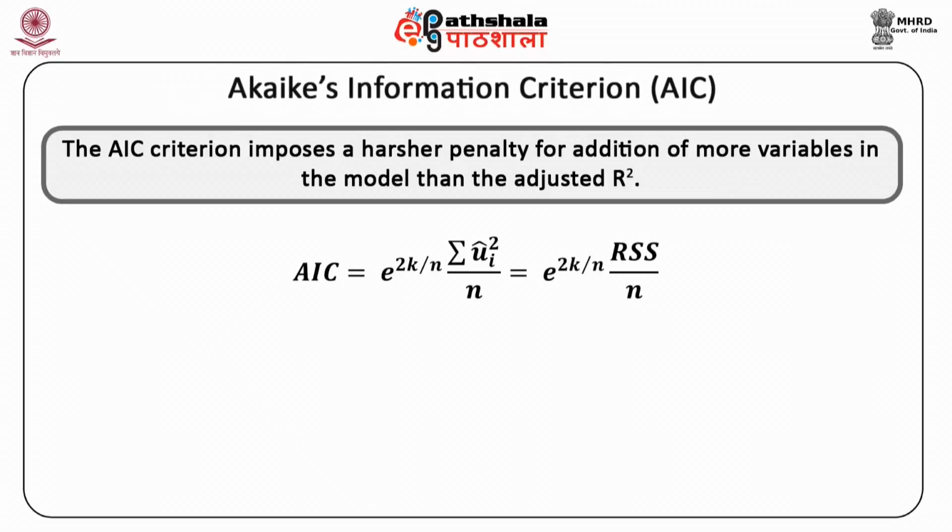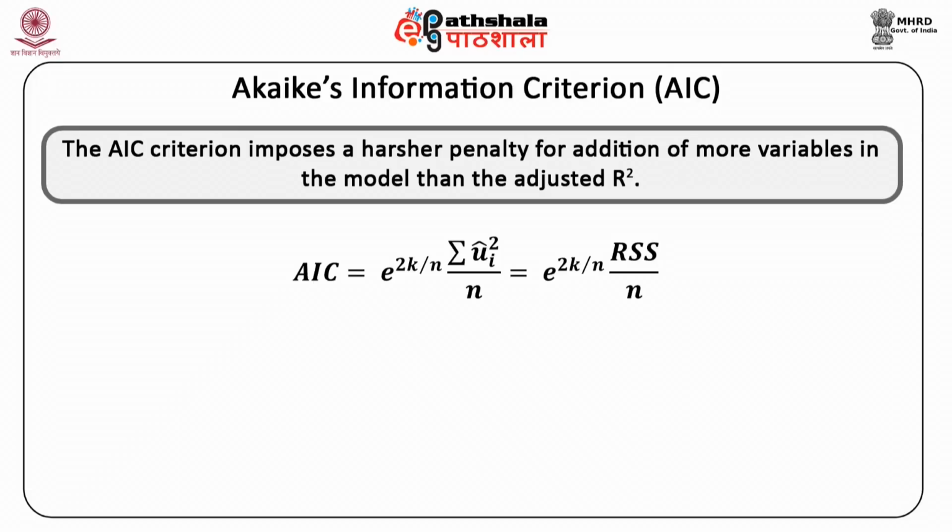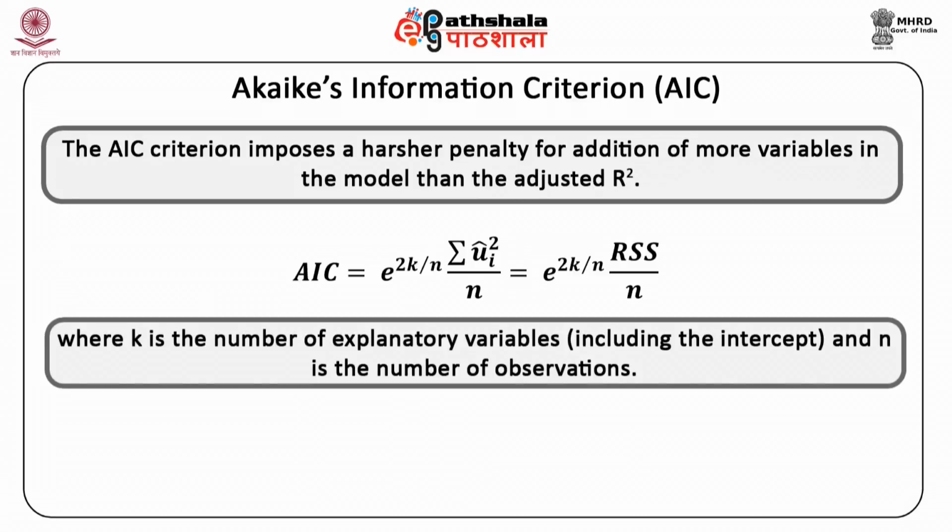AIC is equal to e raised to the power 2k by n into summation u i hat square by n. Now this is equal to e raised to the power 2k by n into RSS by n, where k is the number of explanatory variables including the intercept and n is the number of observations.